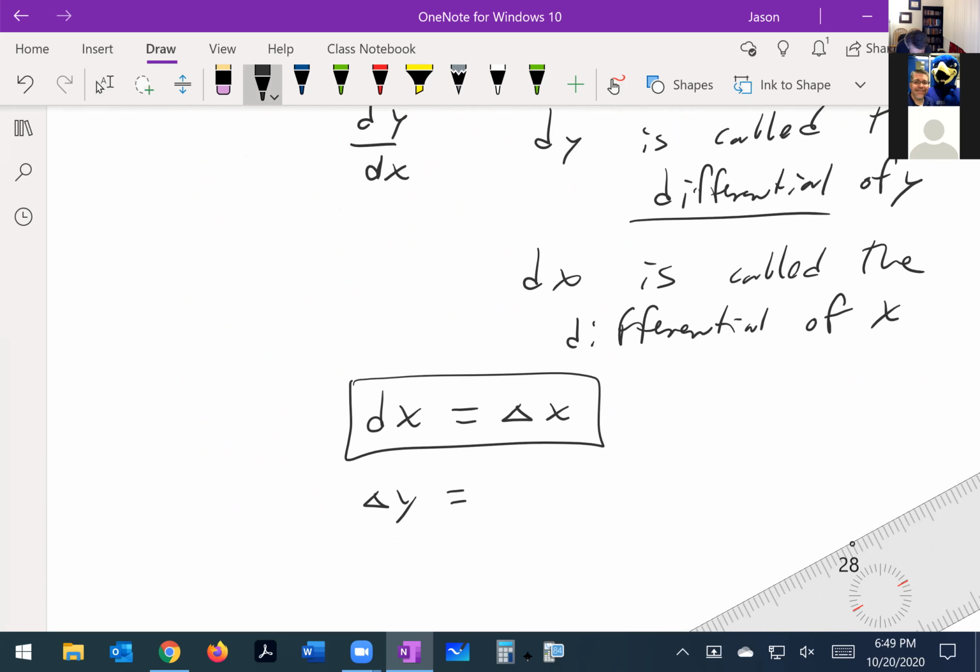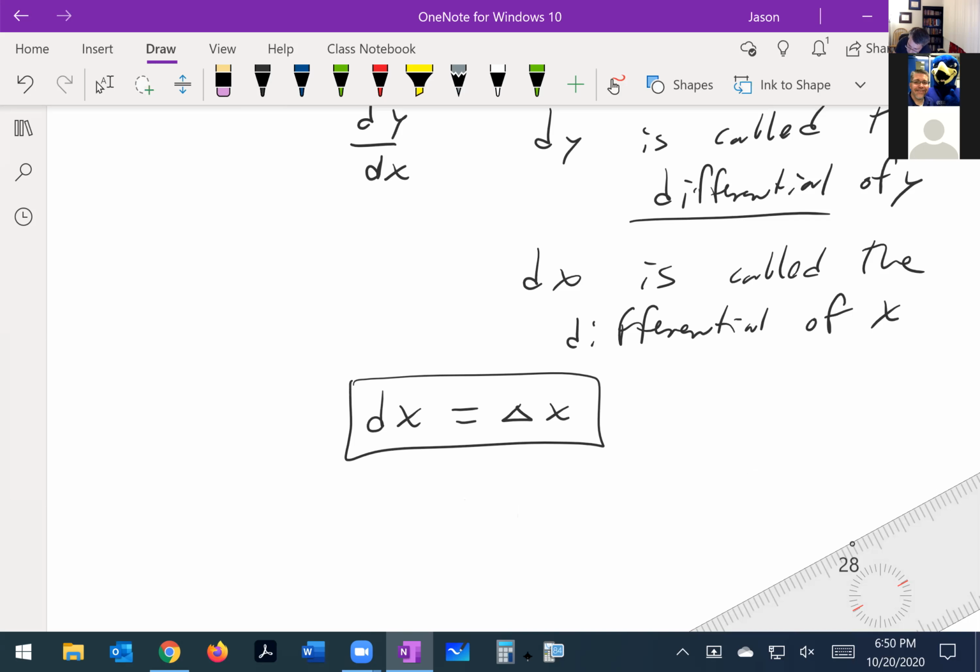which we said was equal to f of x plus delta x minus f of x, well, this is approximately... Let's not do that.